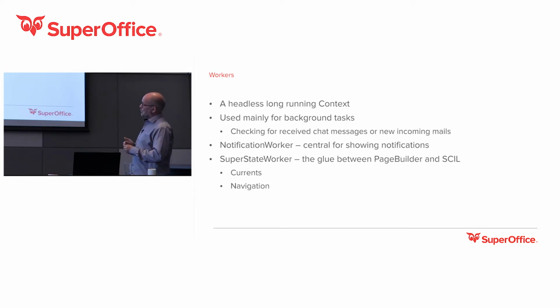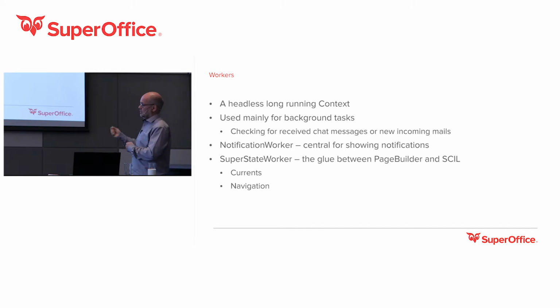Also, the superstate worker is the glue between the old page builder and SCIL, which keeps current changes and navigation in sync. So SCIL knows about currents through this superstate worker, because that superstate worker hooks on to the page builder system and gets all the current event changes and passes them on to SCIL.